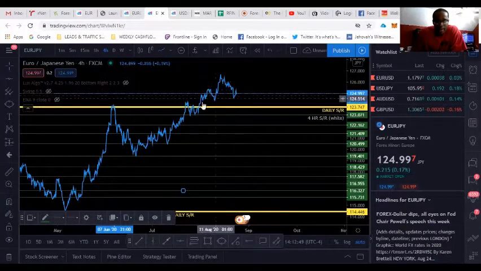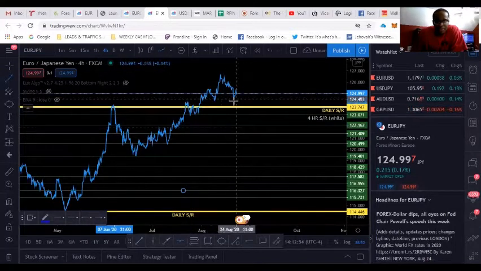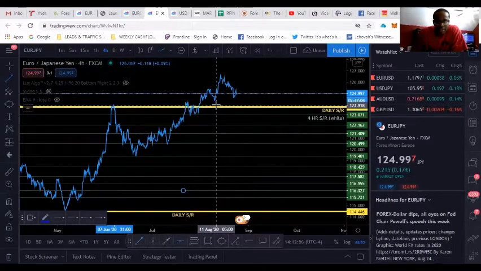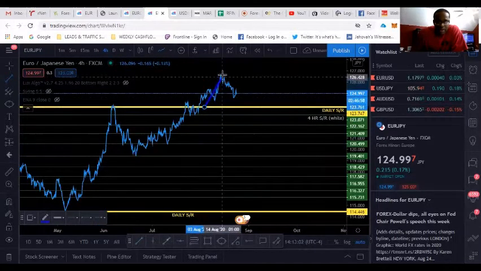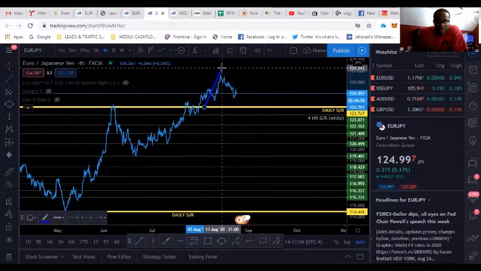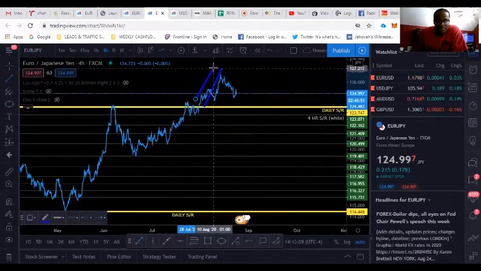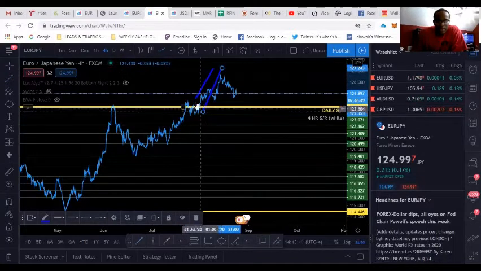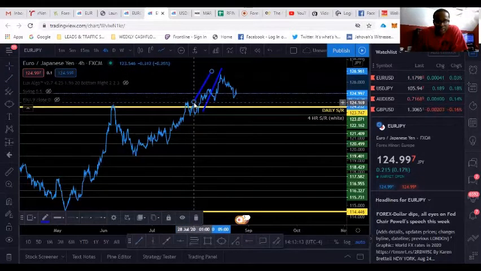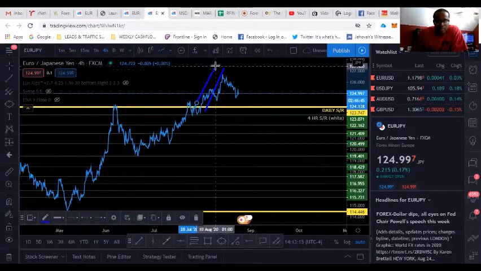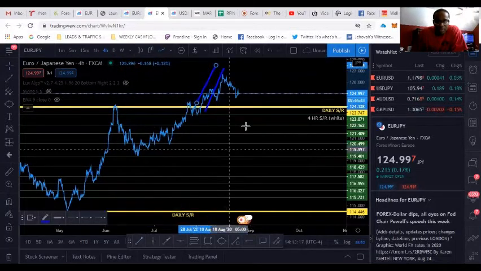Now we need to figure out exactly what type of trend we are in. So I'm going to draw a trend line here, because we see that support or resistance was respected at this point, and then it broke and created another market structure. So I'm going to draw another trend line.